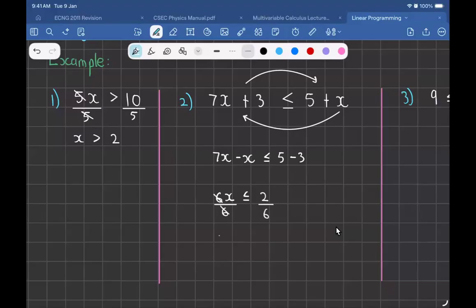What does 2 over 6 simplify to? 1 over 3. Because 2 could go into 6 3 times, and 2 could go into 2 1 time, and that's what I was thinking about. Yes, sir.